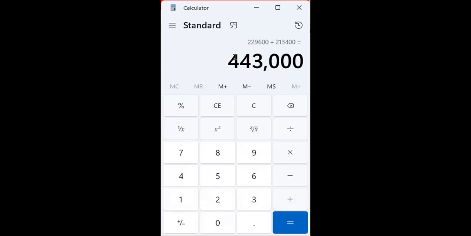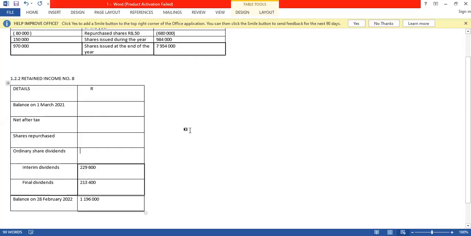And just note, these are the ordinary share dividends, but the 213,400 we're not going to pay in this financial year. We are going to pay it in the next financial year. So we are going to record the total as 443,000.